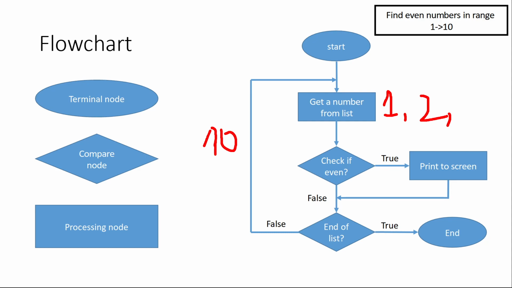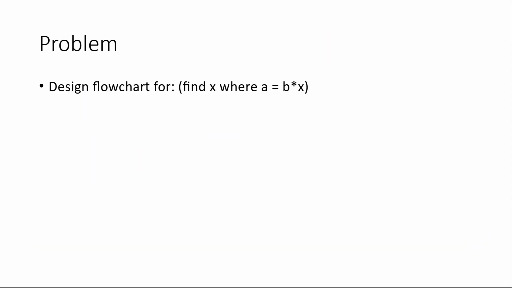Try to design your program first before you actually code something. And we have a small problem here for you to practice. Find x where a equals b multiplied by x. Can you try to design the flowchart for this one?